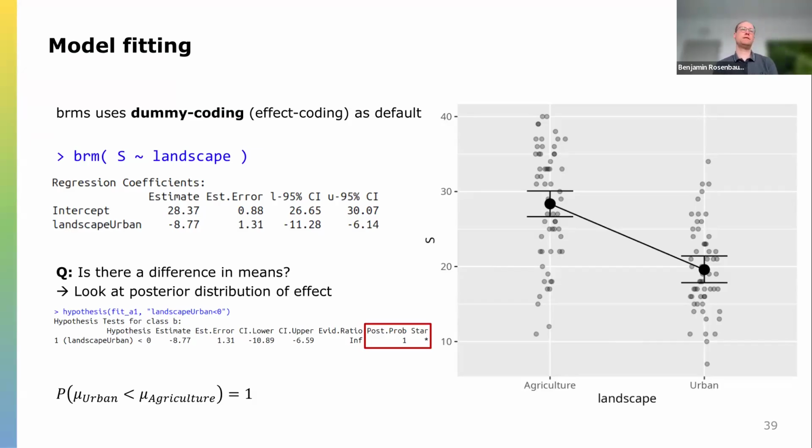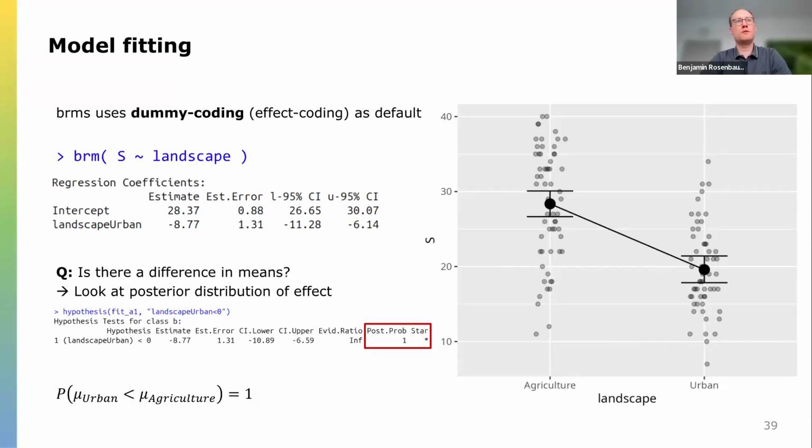And we can directly, for instance with a hypothesis function, test if this difference is different from 0, which in this case would be the same as testing the mean of urban habitats versus the mean of agricultural habitats.